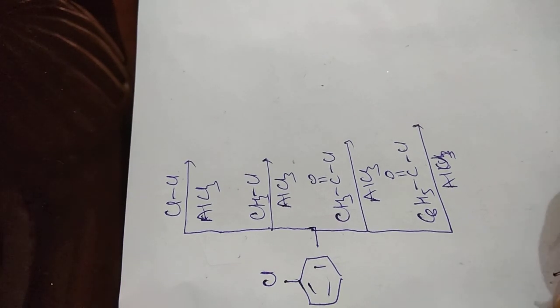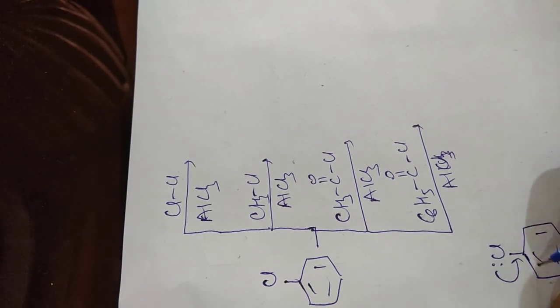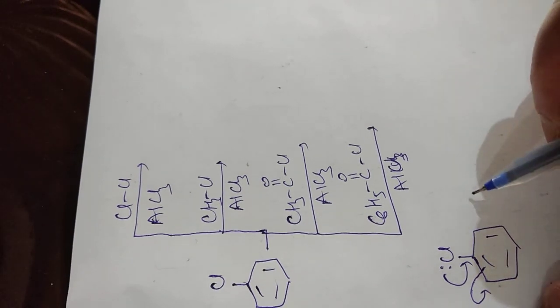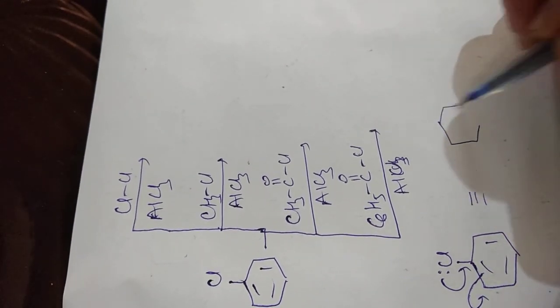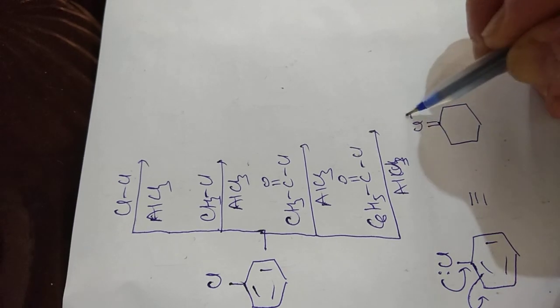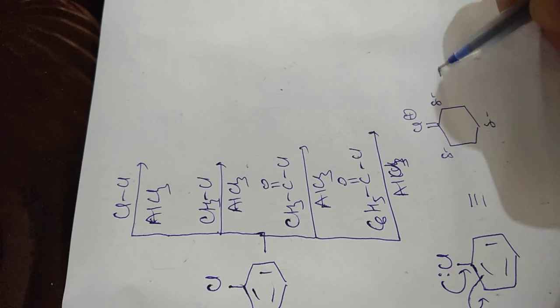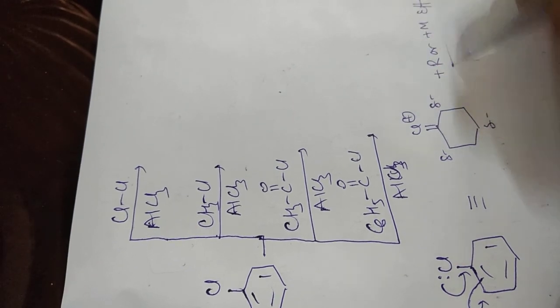On the other hand, we know chlorobenzene, due to resonance, will have negative charge at ortho and para positions in the resonance hybrid due to plus R or plus M effect.